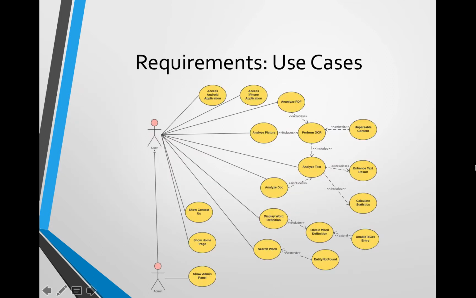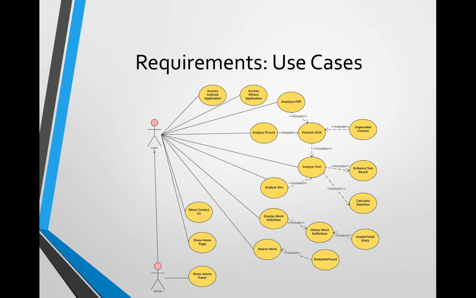Okay, so here we have the requirement use cases. We see that we have two main users, an admin and a regular user, and an admin can do everything a regular user can do. We can see how to analyze the picture. We need to perform the OCR, and sometimes we get an unparsable content exception there.